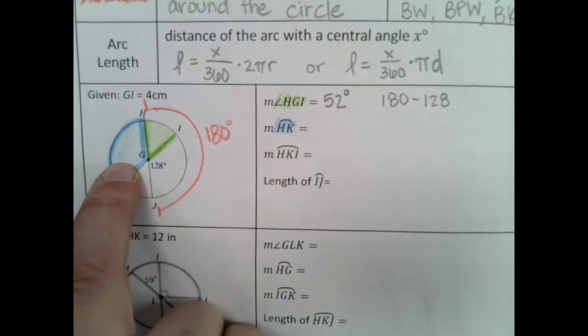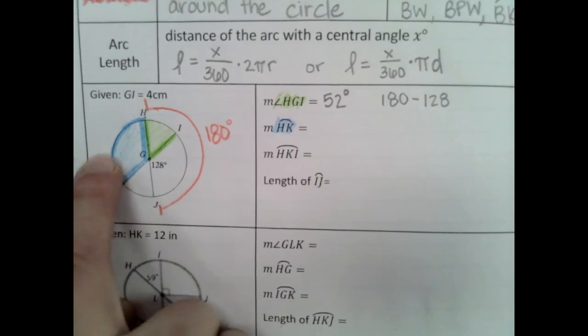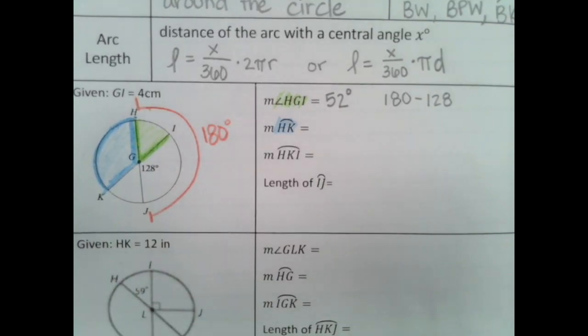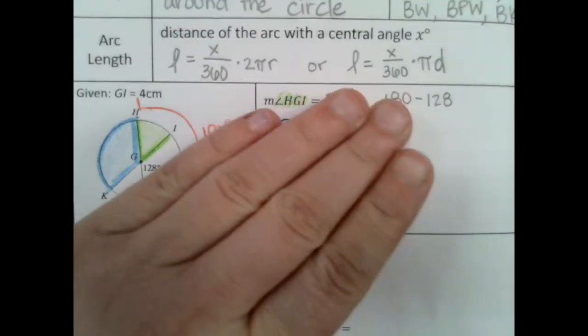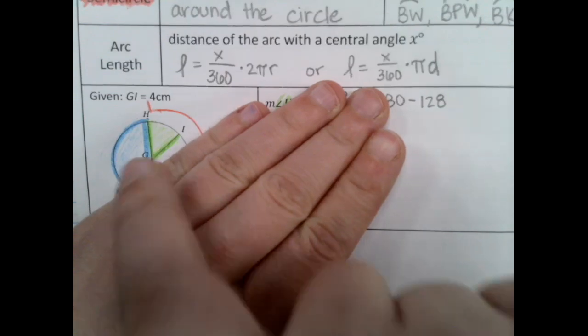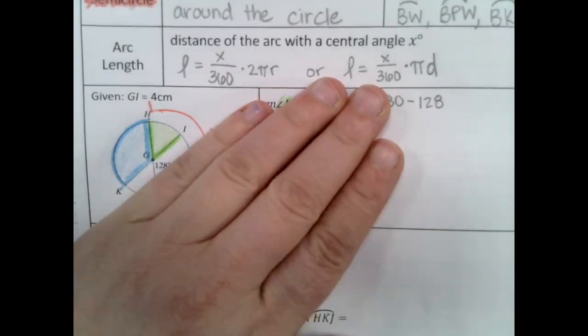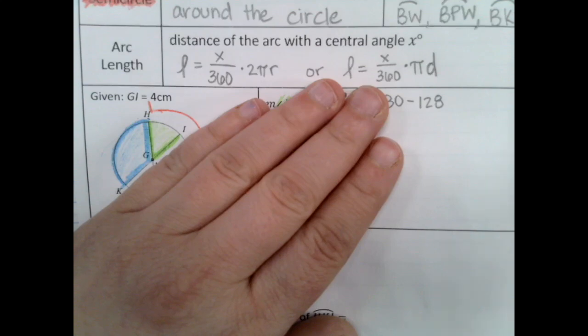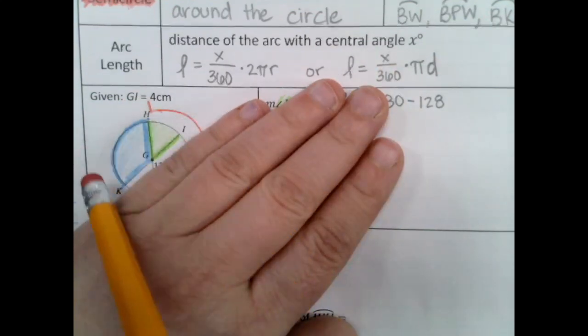How am I going to find the amount that HK is? Couple ways we could do it. If I cover this up, how many degrees is it from I to K? That's halfway, 180.